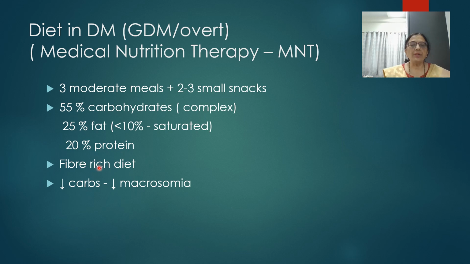Diet, if it is fiber rich, leads to less absorption of sugar from intestines, and it helps in the glycemic control. Why we want to reduce the carbohydrate intake is that the risk of macrosomia keeps on reducing.